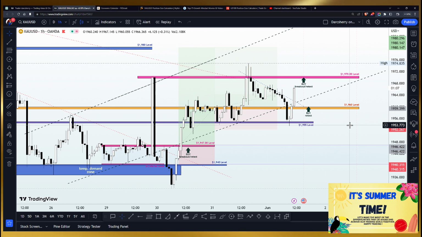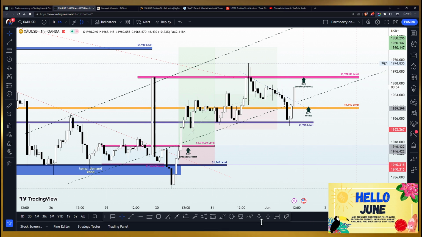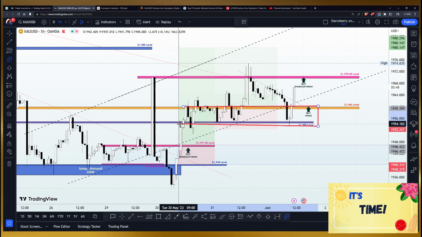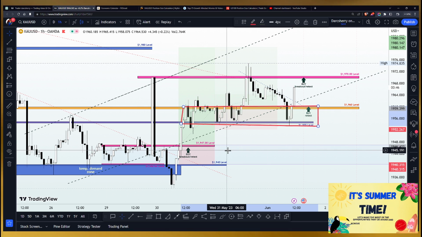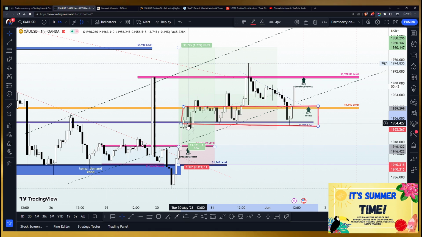And for me personally, what I want to look out for here to sell the XAUUSD today is to see price action drop back below the 1,960. But I doubt that will happen, simply because of this area here between the 1,960 and the 1,955 level, which has been a strong demand zone in the last couple of days.